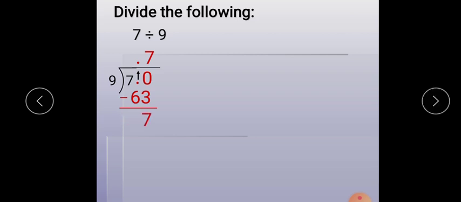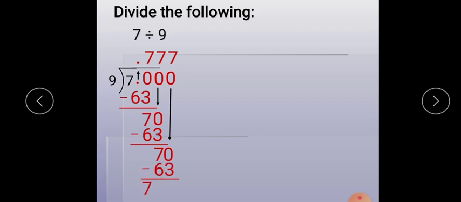Again we will append one 0 and continue in the same pattern, 9 times 7 is 63. Again we have the same remainder, 7. If you continue division, you will get the same pattern. So we can write 0.777, and as 7 is repeating, 0.7 bar.